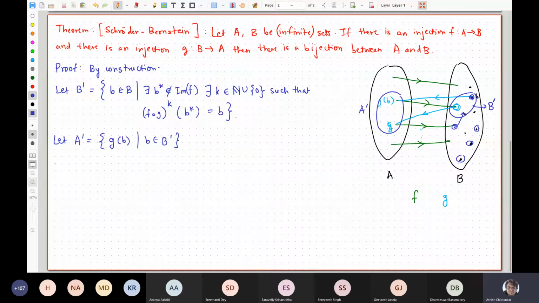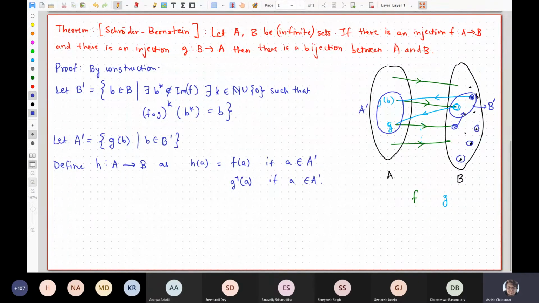So now define H going from A to B as H of A is equal to F of A if A is not in A prime, and otherwise it is equal to G inverse of A if A is in A prime.